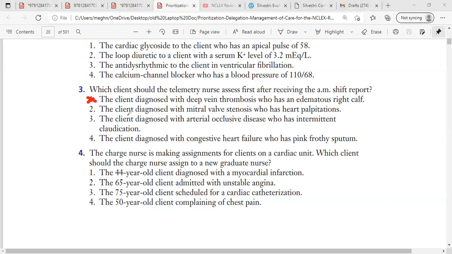What else? The client diagnosed with mitral valve stenosis who has heart palpitation. Do I go first?